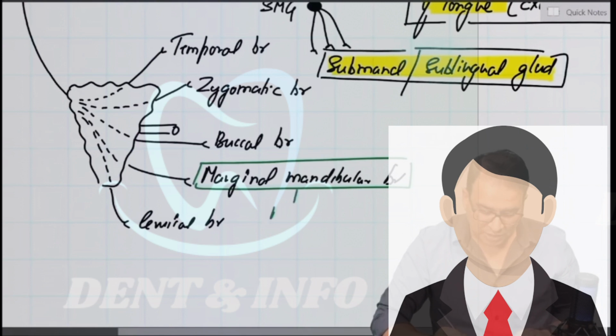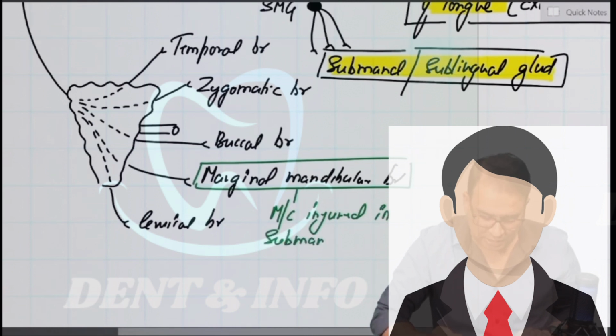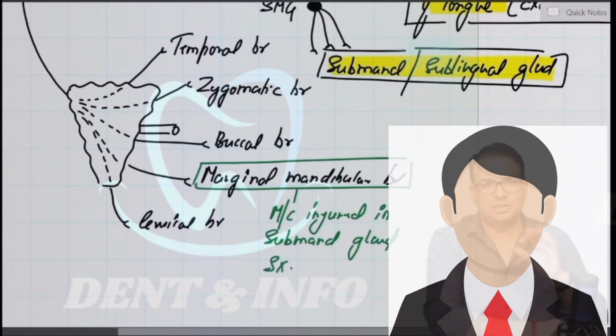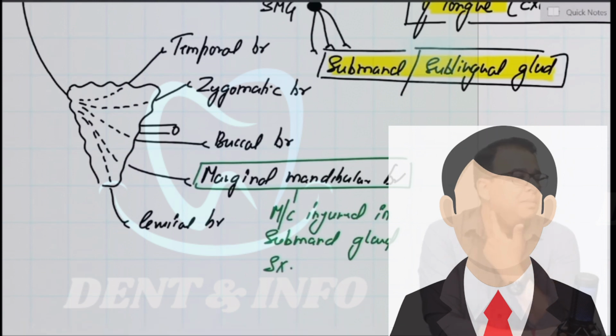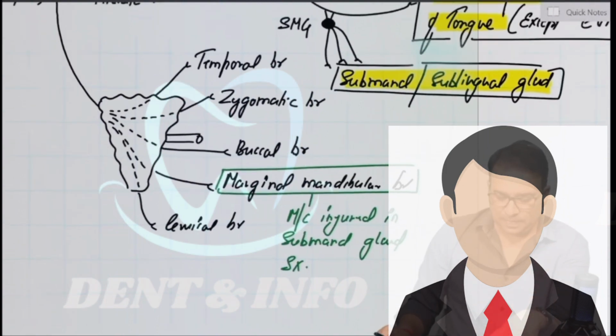So that's the question here, that this nerve is most commonly injured in the submandibular gland surgeries. वो nerve यहाँ पे रन कर रही है, तो जैसे यहाँ पे incision लगाएंगे, the nerve can get injured in that case here.